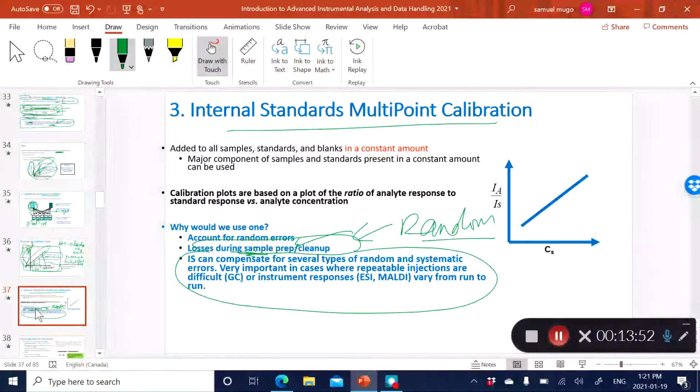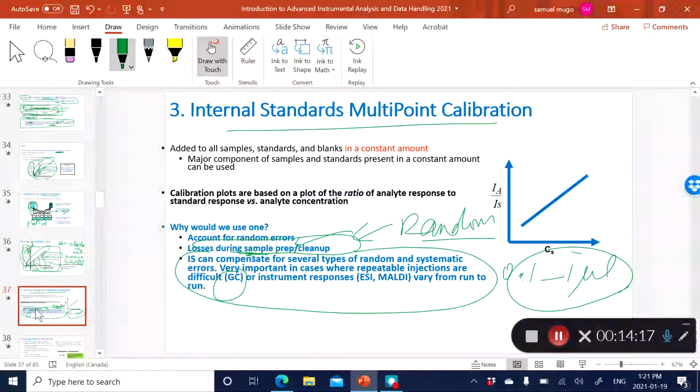I'll give you an example. If you're doing gas chromatography, typically you inject very small volumes, normally something like 0.1 to 1 microliters. And of course, you're supposed to inject it very reproducibly from standard to sample to blank and so forth.